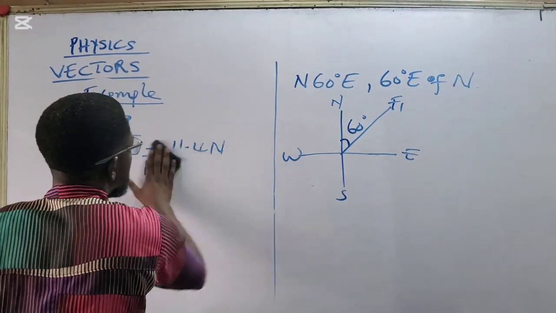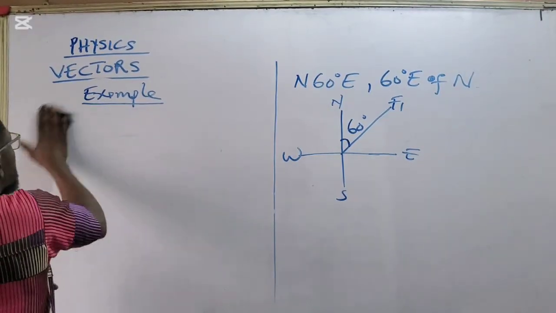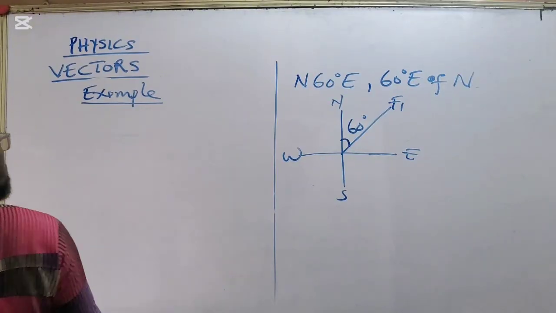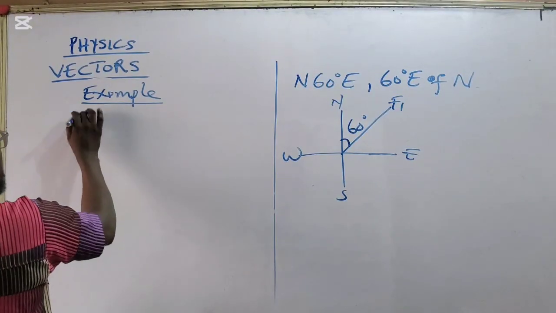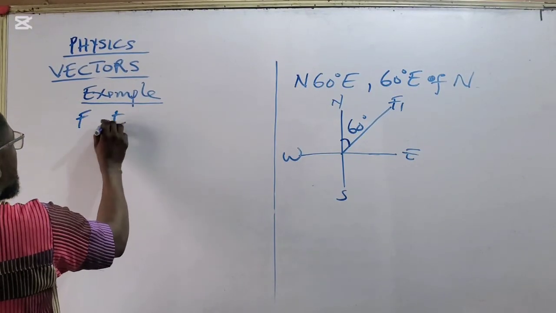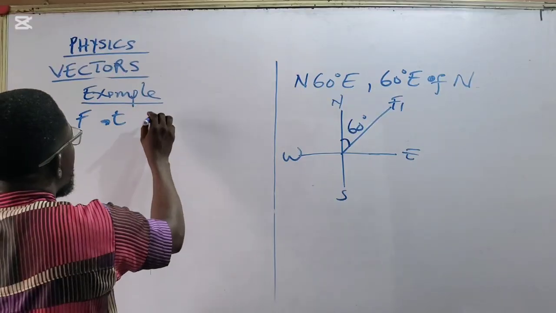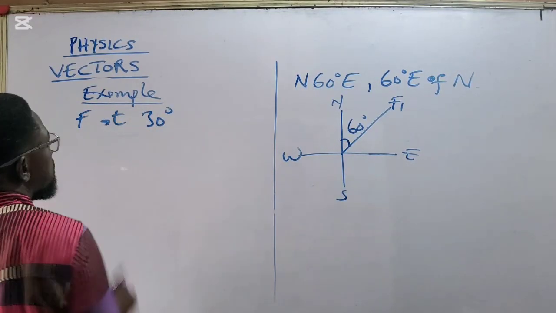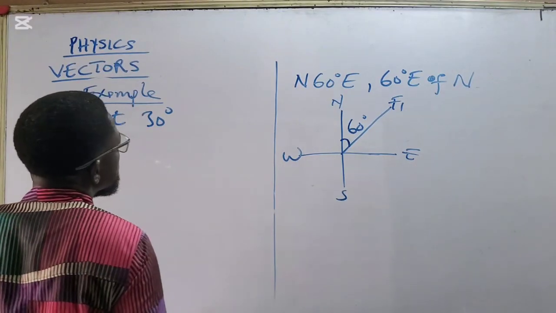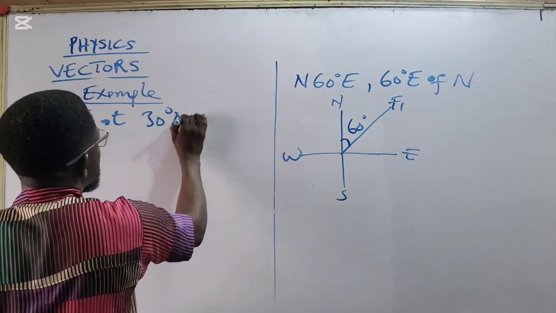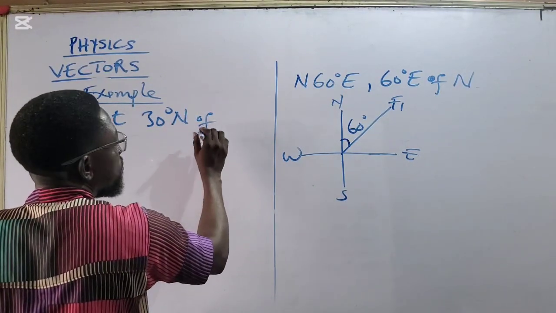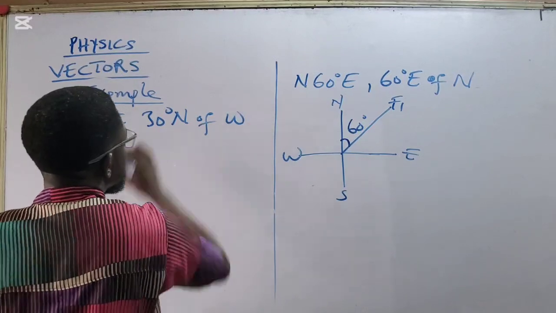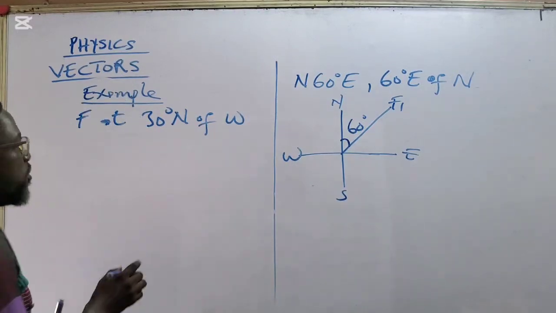Let's see another one. If you have a force F at 30 degrees north of west, we want to position this one.